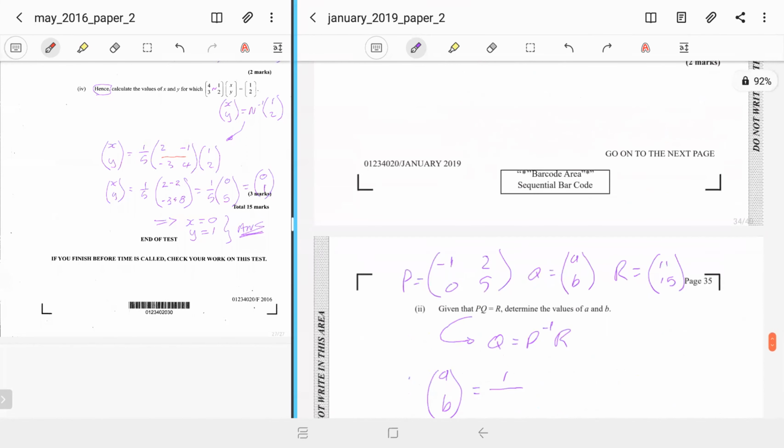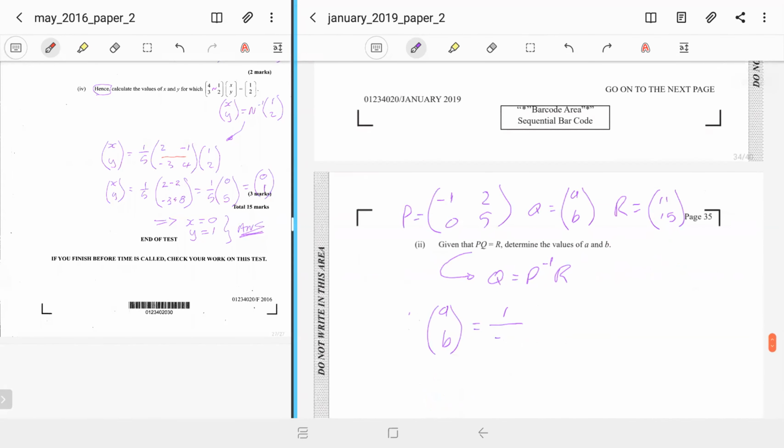It becomes 1 over -5 times the adjoint. Interchange these two. So the 5 goes here, -1 goes there. Leave these two where they are and change the sign. It becomes -2. 0 and a sign, so it stays 0. And that is your P to the -1.